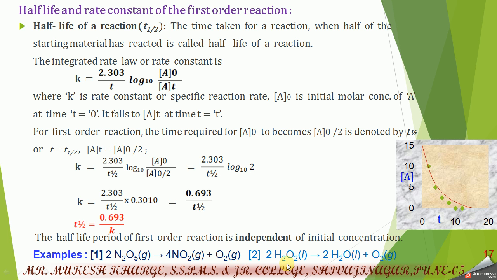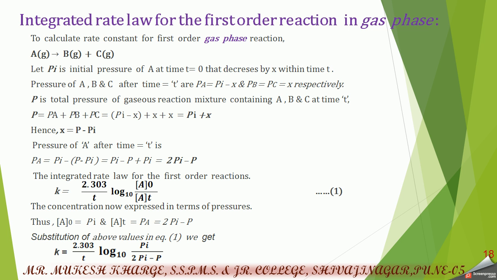Now next is the integrated rate law for gas phase reactions for first order reaction. For that purpose, we have to consider the reaction in the gaseous phase. A gas gives B gas plus C gas. Let us suppose that Pi represents the initial pressure of your reactant A at time t equal to 0.